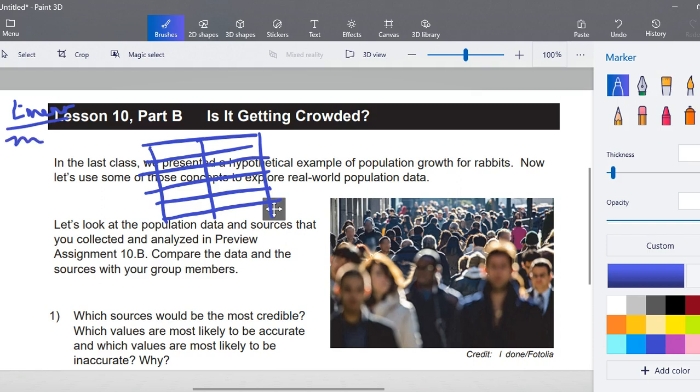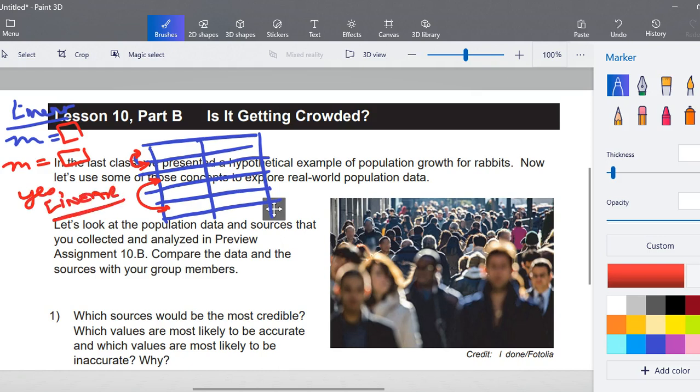If it is, you'll be able to take the information on these two points, calculate the slope, and then find two more points, maybe these two. When you calculate the slope of those points, the slopes should be identical. And if they are, you get to declare, yes, this is linear.